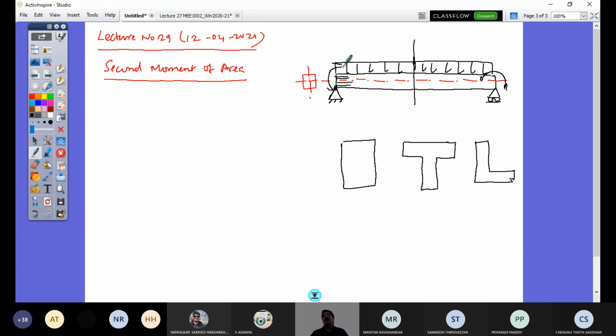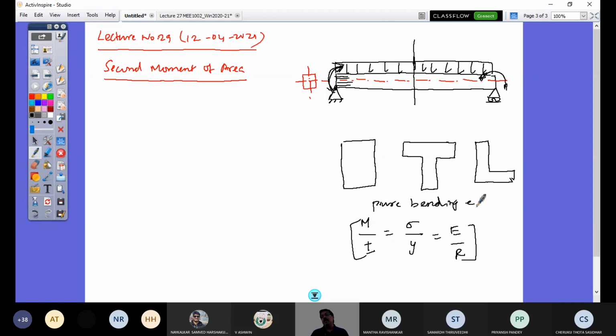If this beam is subjected to pure bending like this, with bending moment given like this, right? What would happen at that time? I have my bending equation: M, the total bending moment, by I, the second moment of area, is the same as sigma by Y, which is the same as E by R. So this is what is called the pure bending equation.